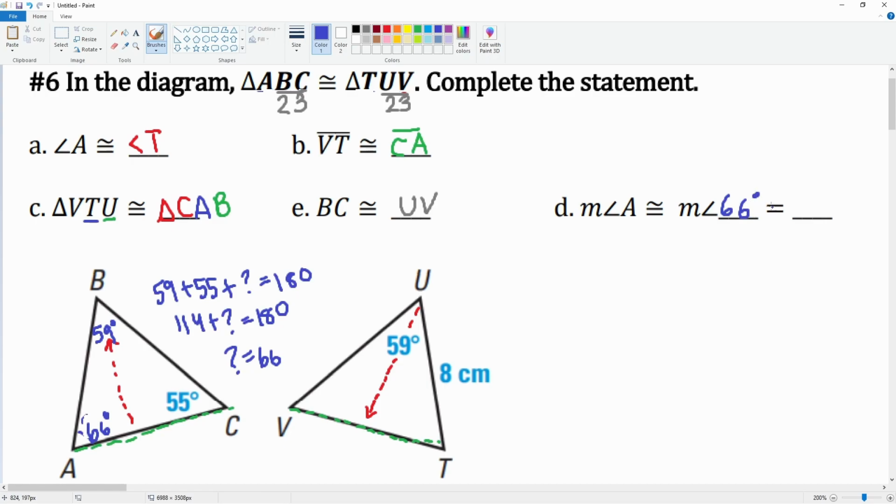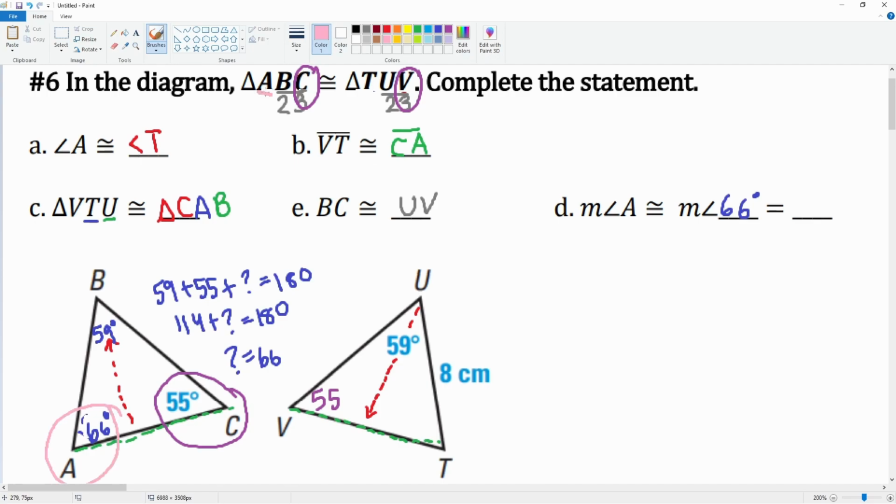Next, now this is very interesting. Notice that it says angle C here is 55 degrees. So angle V here has to be 55 degrees. Therefore, this A, let me change the color. The A here, which is in pink, is 66 degrees.